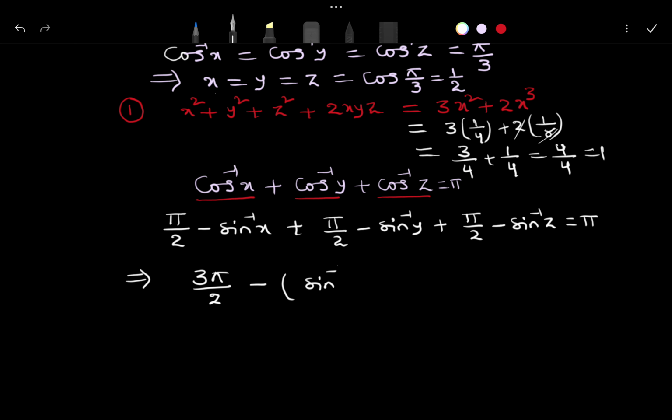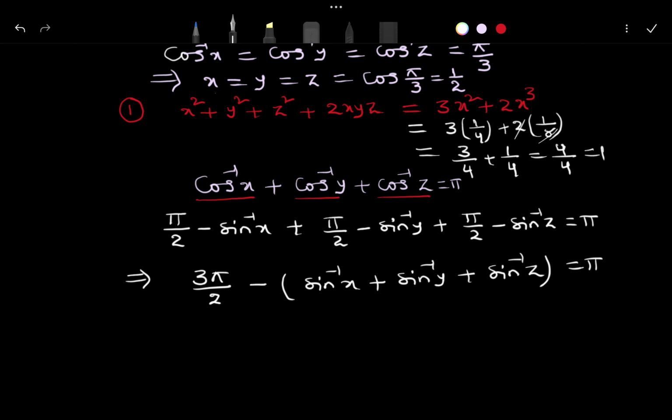You take the first minus as common, plus sine inverse of y plus sine inverse of z is equal to pi.